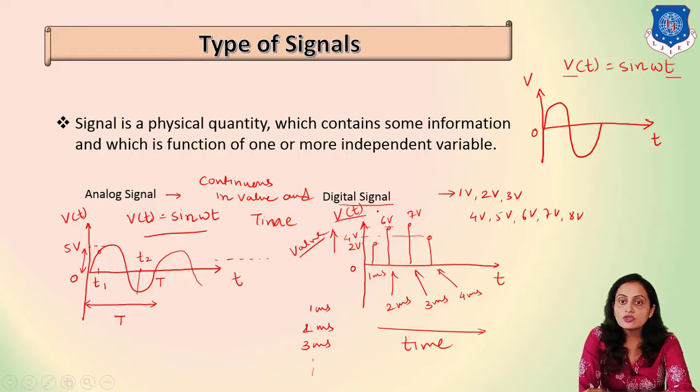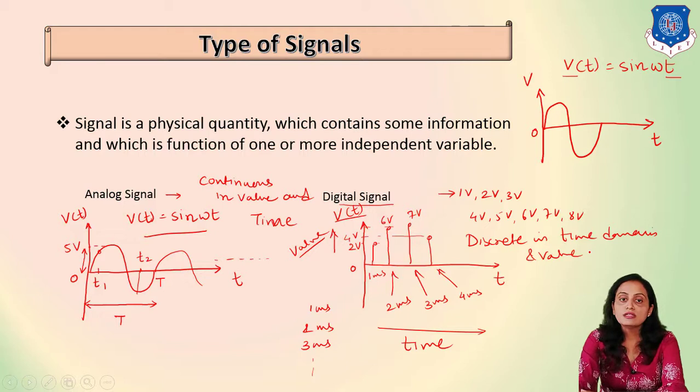This value depends on which function you are taking, and this is again the x-axis, a quantity to which this function Vt is varying. So a digital signal is a signal which is discrete in time domain and value. So this is the difference between the analog signal and digital signal.